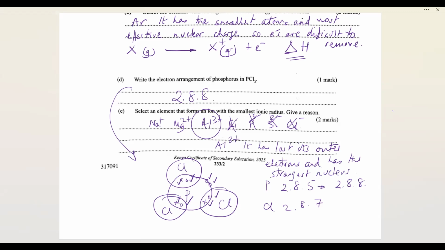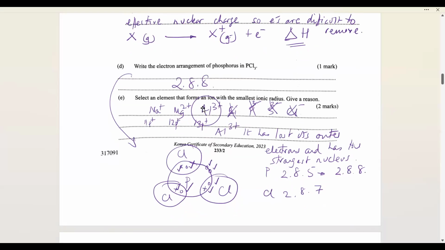Sodium has 11 protons, magnesium has 12 protons, aluminium has 13 protons. So once it's lost its outermost electrons, the aluminium will pull in most. Next question.